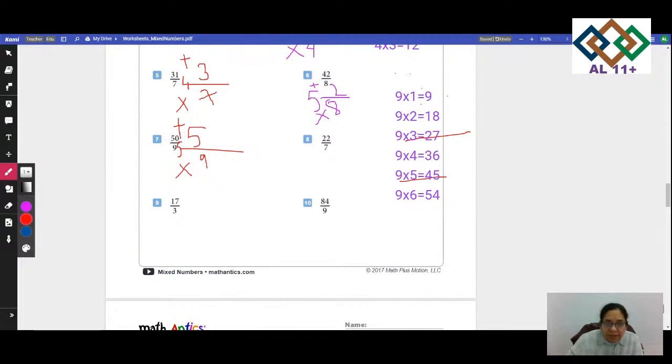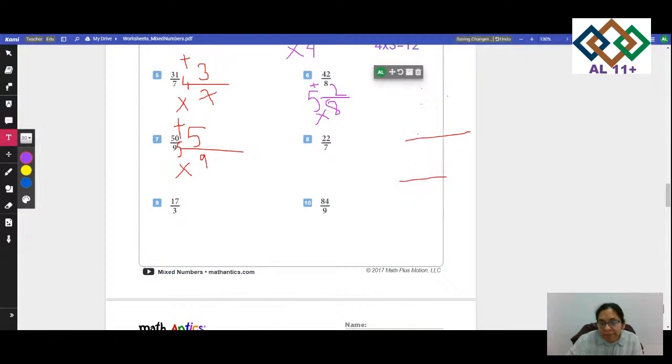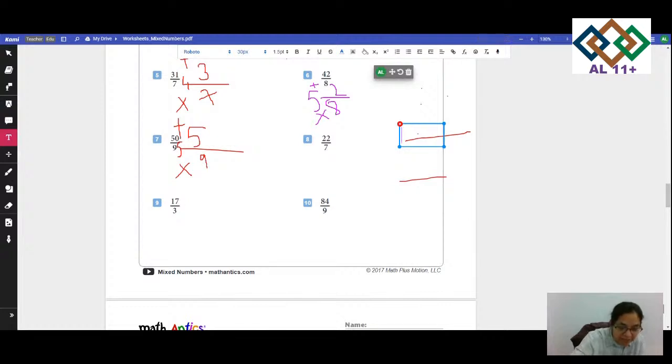So let's do number 8 now. In number 8, you guys should be really good in your tables. So let's do 7's table to see the closest to 22. 7 ones are 7. 7 twos are 14. 7 threes are 21.